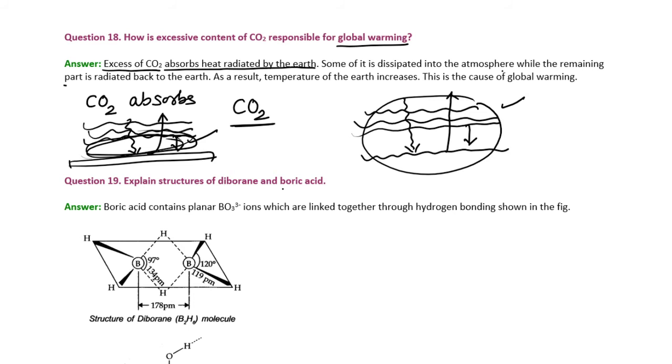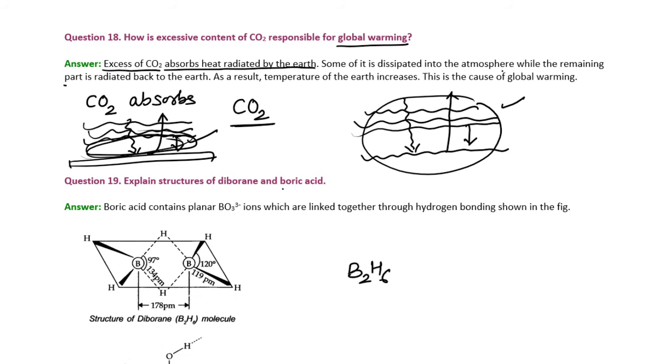Okay, next, explain the structure of diborane and boric acid. First of all, let us see diborane. Diborane is B2H6.